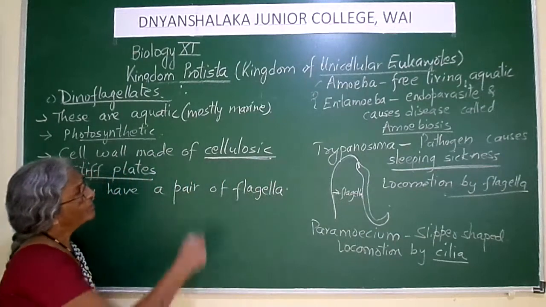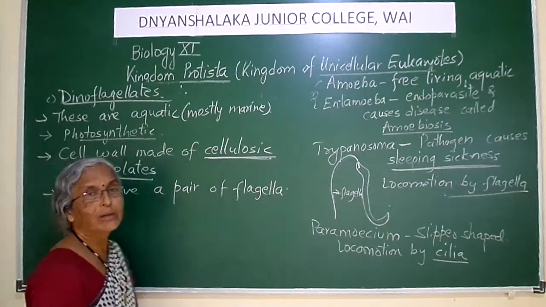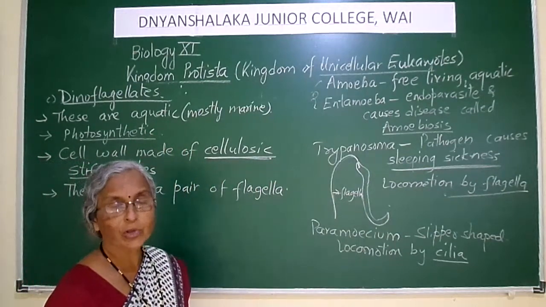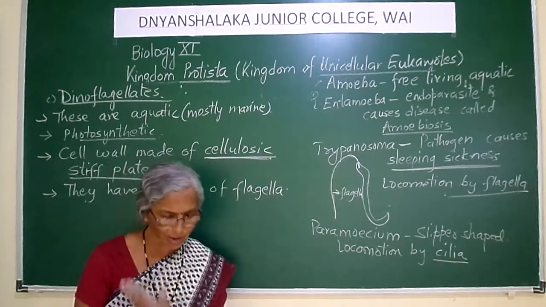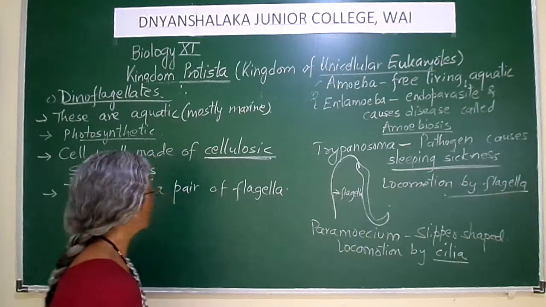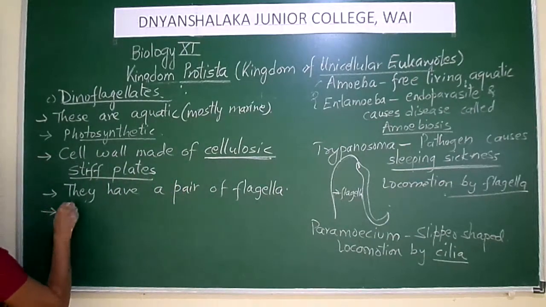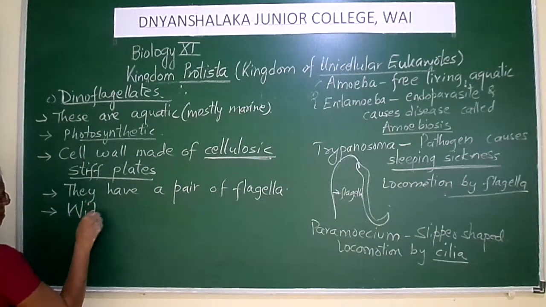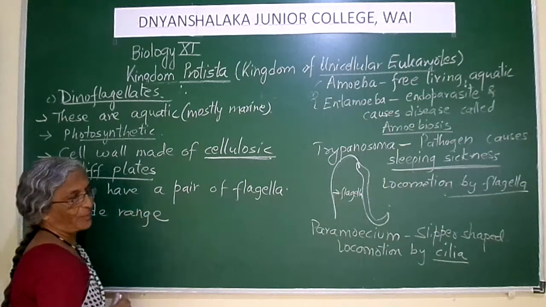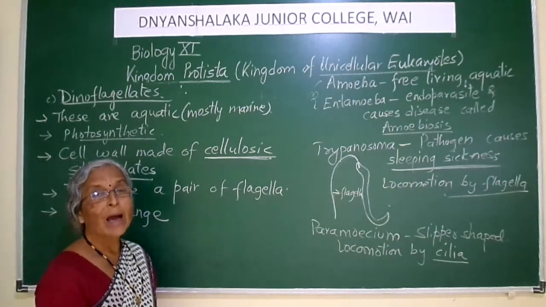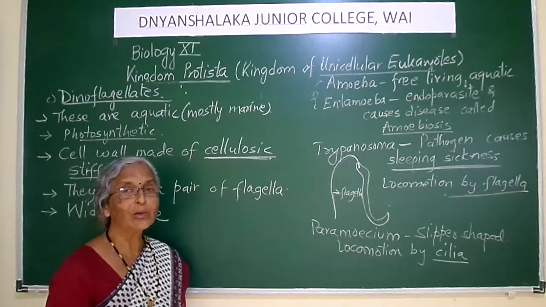They carry out their nutrition by photosynthesis, so they should have photosynthetic pigments, and a variety of photosynthetic pigments are present in them. So, a wide range of photosynthetic pigments. See, when you see the plants, they are photosynthetic. Generally, of what color do you see the plants?